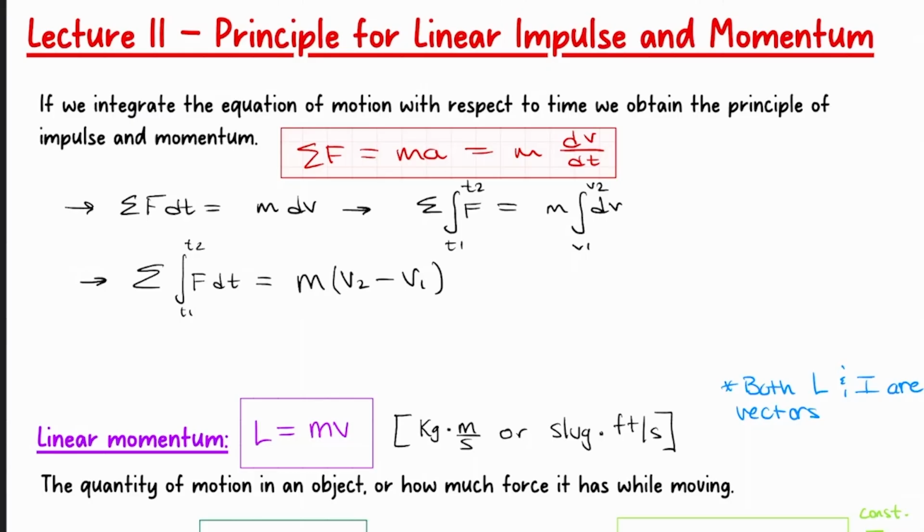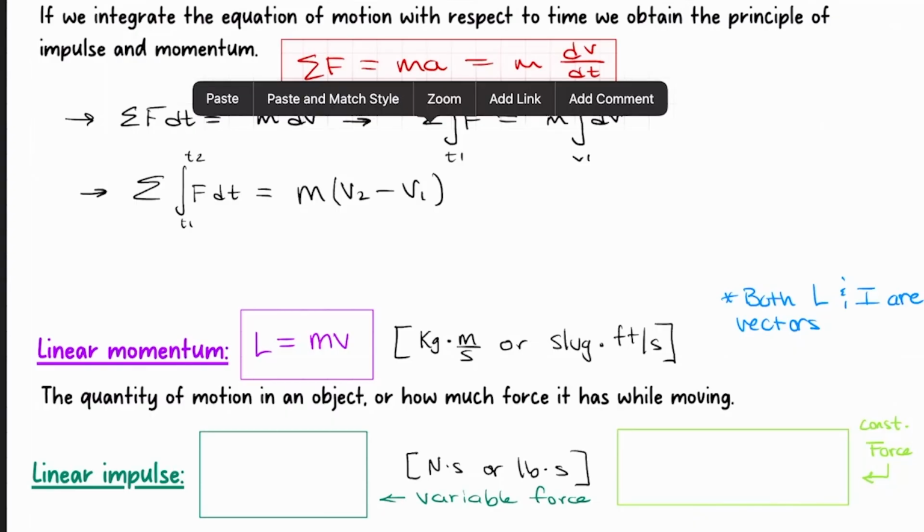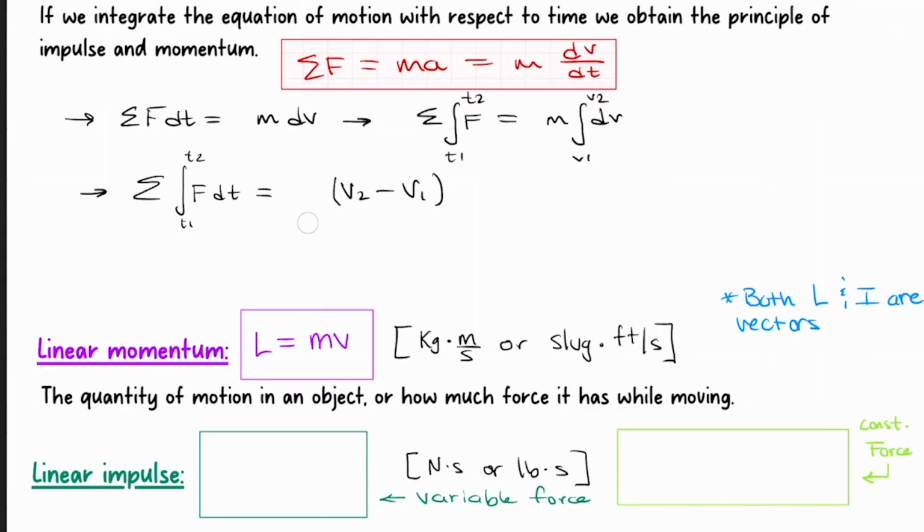We also have the linear impulse. Notice momentum will be this section right here. This is my momentum. And then the impulse will be this section right here, where we define impulse as the integral of the force with respect to time.